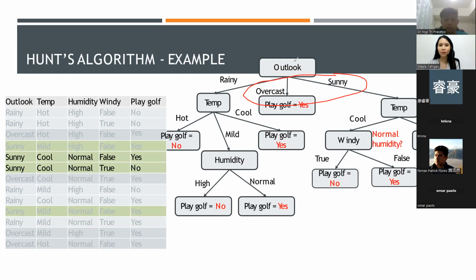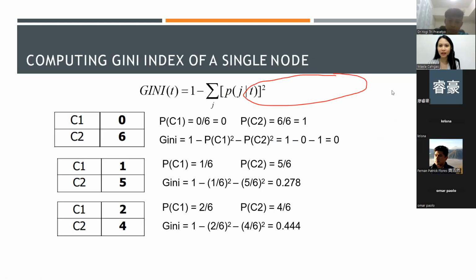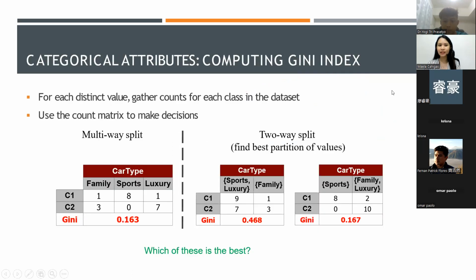So a lot of possibilities can happen here, but we can again utilize the Gini index using the same formula. In the coding part, these kinds of combinations automatically happen. For example, we have family, sports, and luxury.